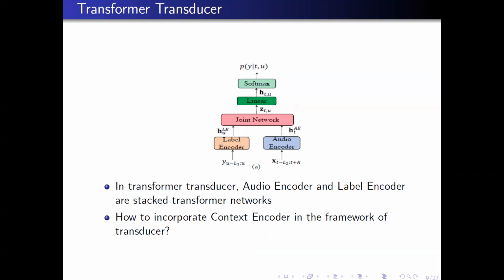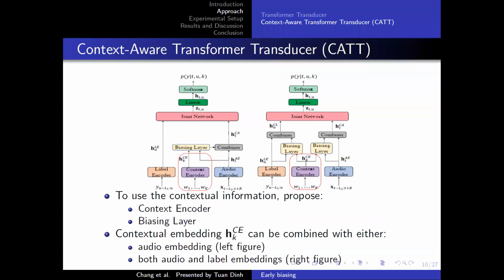The question is, how do we incorporate the context encoder in the framework of the transducer? In context-aware transformer transducer, CAT, two additional components are proposed to use the contextual information: the context encoder and the biasing layer.